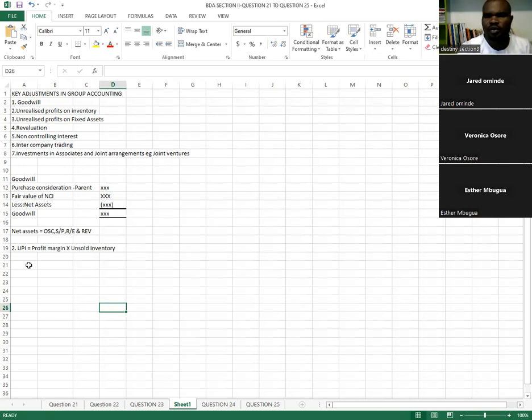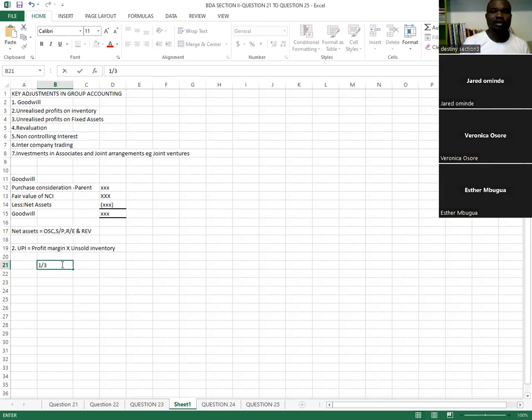I saw in that question, the examiner was talking of markup. Where you have been given markup, you have to convert the markup into margin. So how do you convert markup to margin? For example, if markup is 1/3, margin will be, let me hear from you. 1/4.